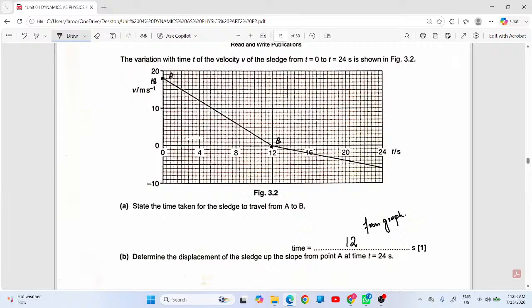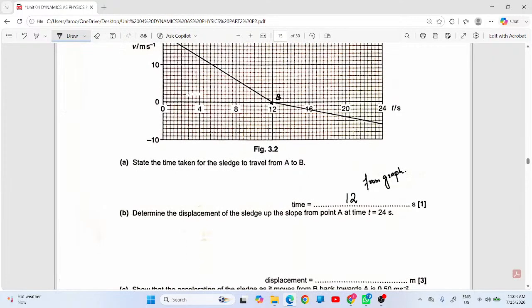Next, calculate the displacement of the sledge up the slope from A at time 20.